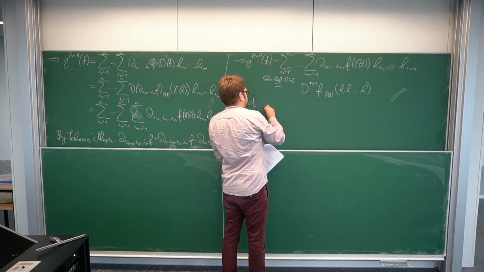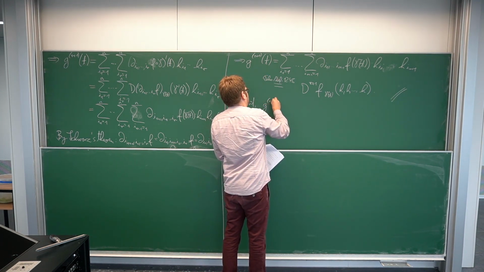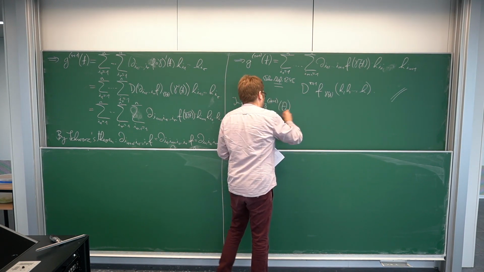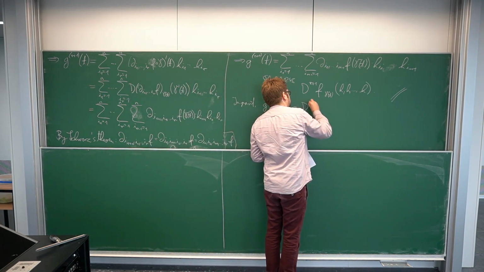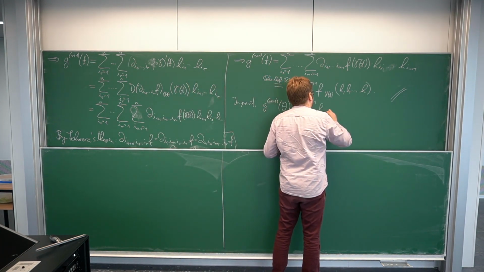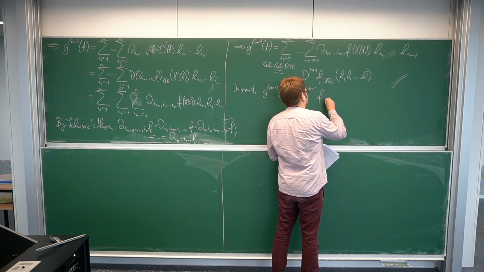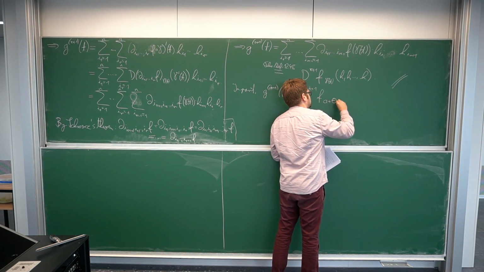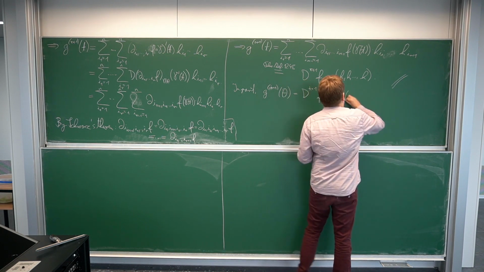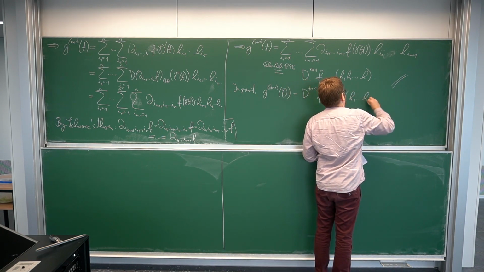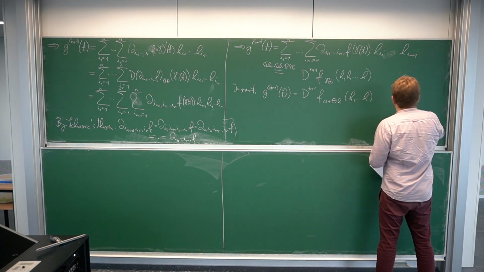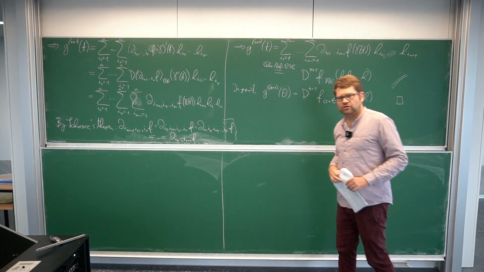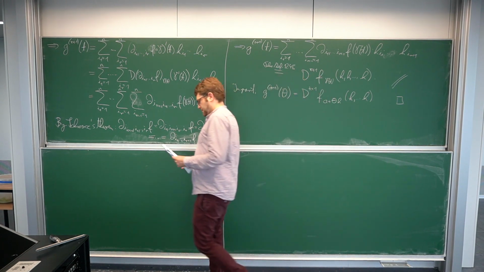In particular, this means that the (k+1)-th derivative of g in theta, which appeared in that expression, is the same as d^{k+1} f in the point gamma of theta, and by definition this is just a plus theta times h, evaluated in h, and so on. And this is what we wanted to show. So if we just insert this in the above formula, this shows the claim.